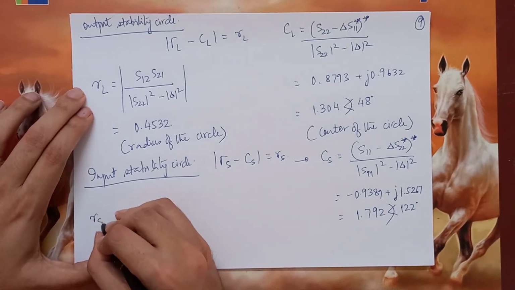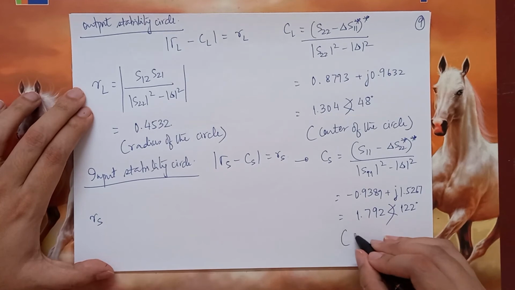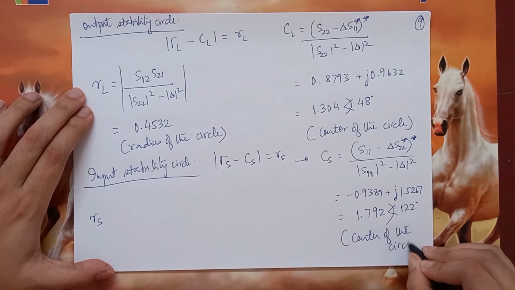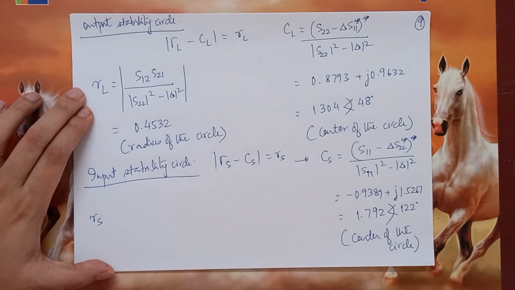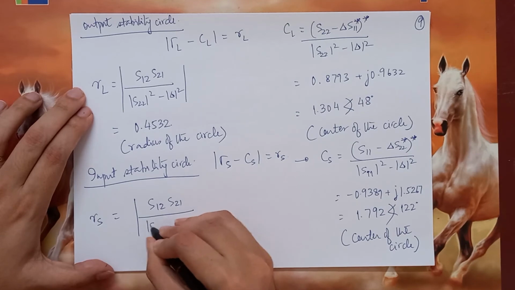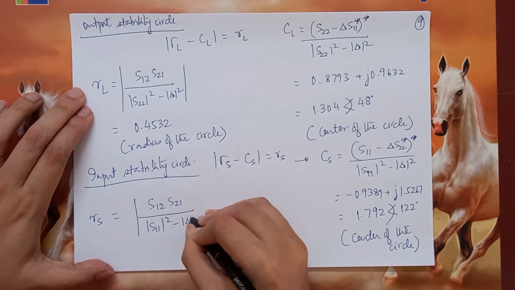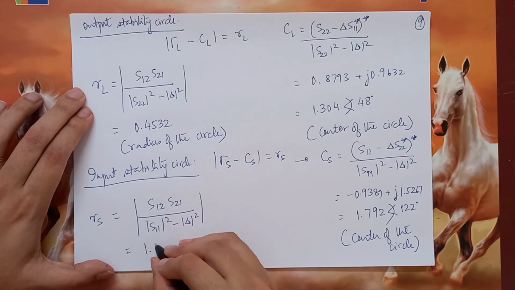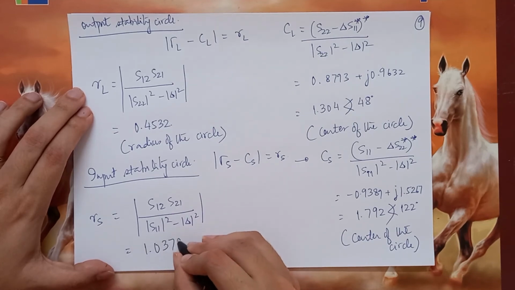And this is the center, and the RS is S12 S21 divided by mod of S11 square minus mod delta square, whole mod, and this comes out to be about 1.0379.